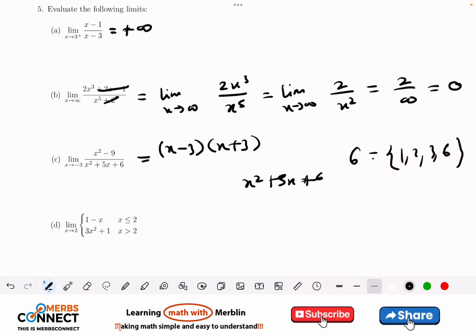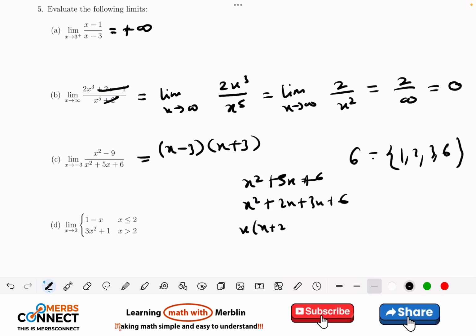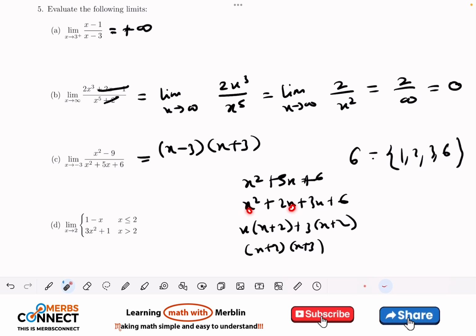So what you are going to do is, this is x squared plus 2x plus 3x plus 6, and then x out, x plus 2, 3 out, x plus 2, and this is the same as x plus 2, x plus 3. You know what I did here? I factored one of the x out. So when I factor x out here, we'll be left with x, and here we'll be left with 2.